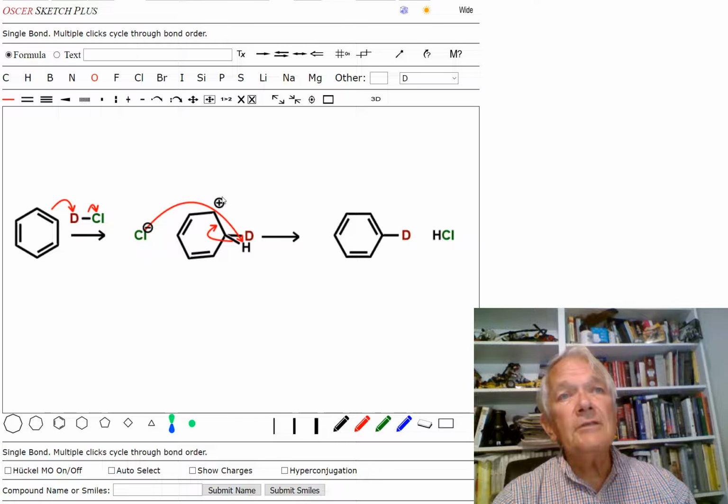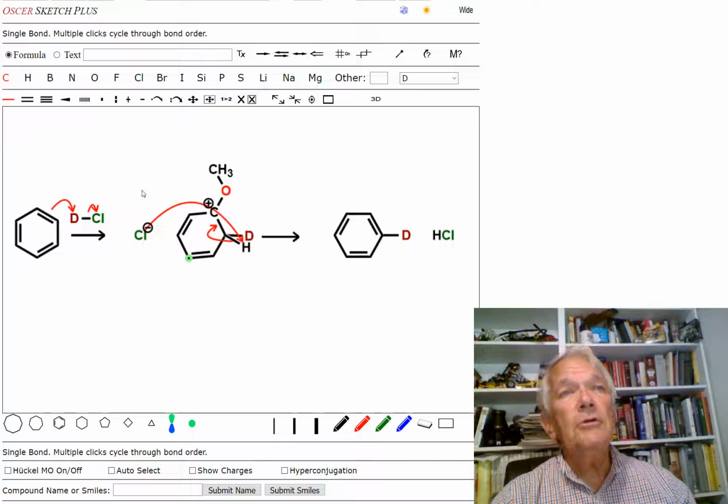Let's say an oxygen with a methyl, a methoxy. And of course, this oxygen has lone pairs, and those lone pairs can come in and stabilize that positive charge.